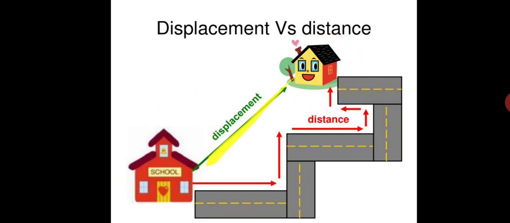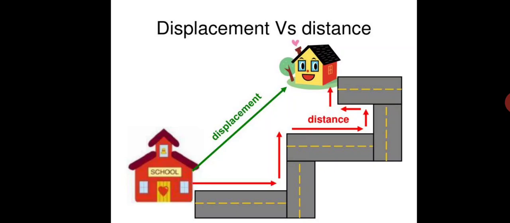So from here to here you have to travel, but in between you don't have a proper roadway, in between you have some mountains. You have to take this path. Here the road symbol is given. So which means the actual length of the path traveled by the moving body, that is you are the moving body, the actual length of the path traveled by you irrespective of the direction.